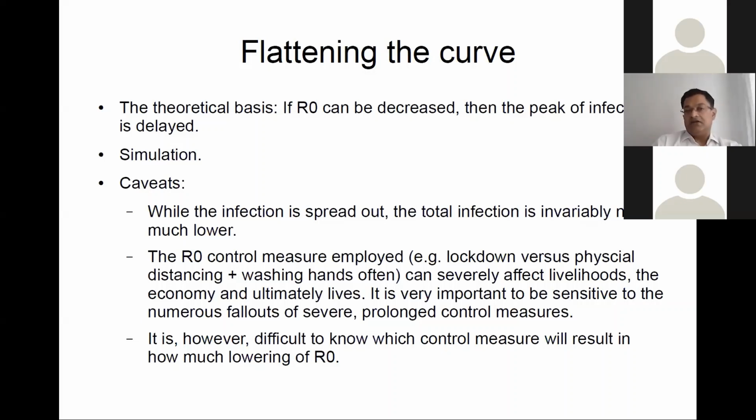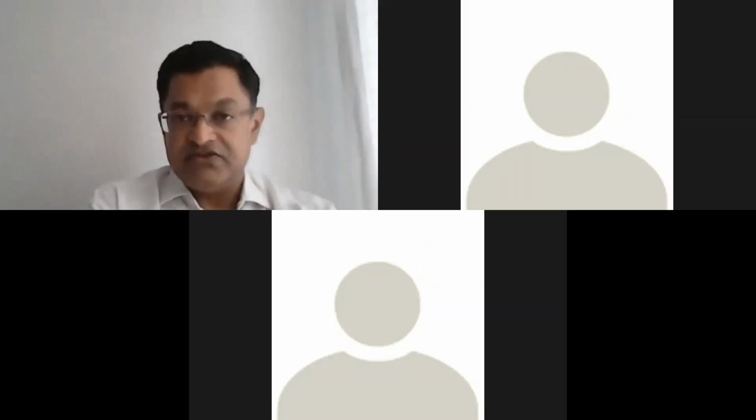The theoretical basis for this is that if R0 can be decreased, and remember I said R0 by itself cannot be decreased, it's beta, the transmission, that you're trying to decrease. What if you could decrease the R0? The first thing that comes to mind is physical distancing. Then what will happen to the peak of the infection? That's a very interesting question to ask. So let me go back to the simulation. Sorry, I will reshare my simulation with you.